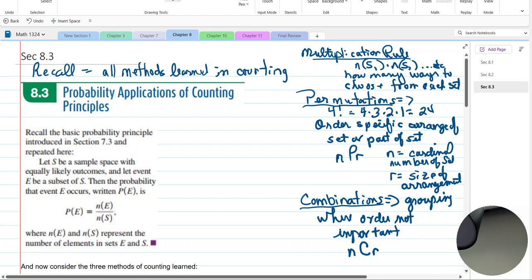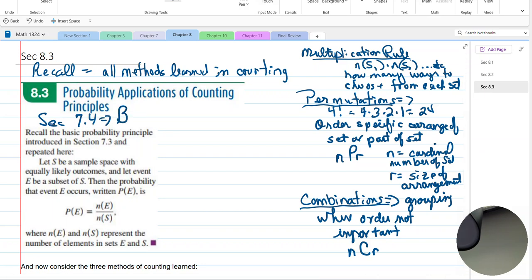Well, now we're going to use that with something we studied in section 7.4, which was basic probability.